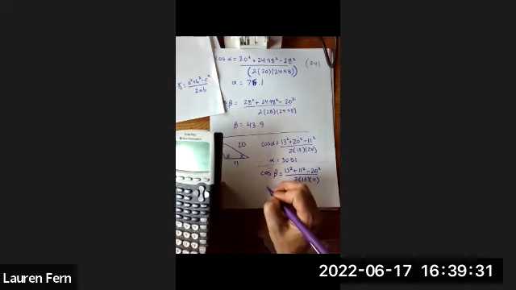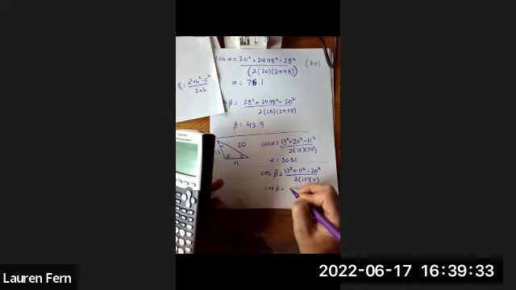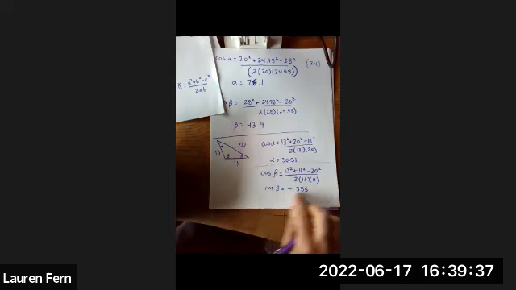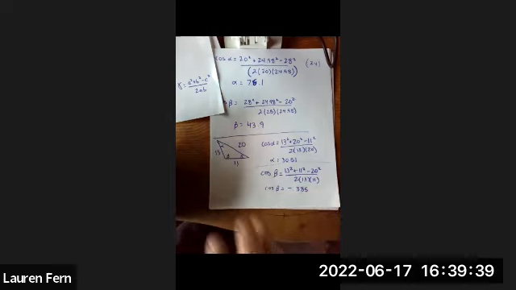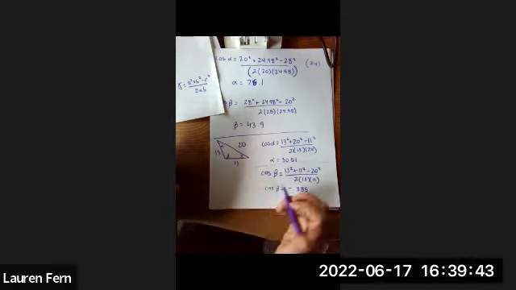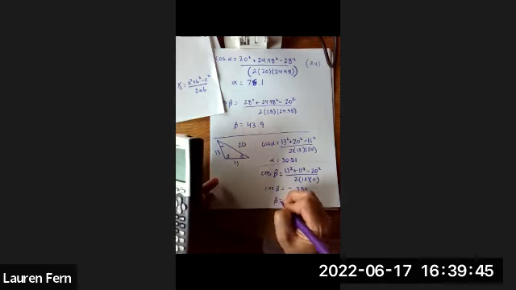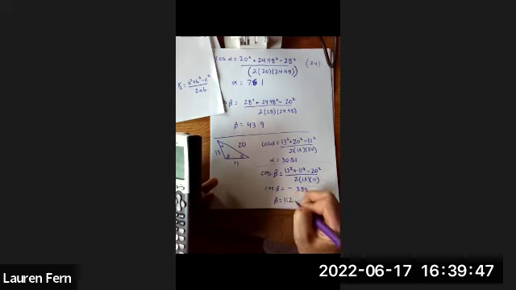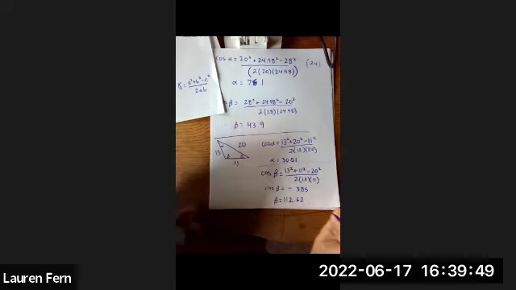Now, the other reason why I want to do this is notice we get a 2nd quadrant angle. So I'm going to hit inverse cosine of that. So here I'm going to get beta to be about 112.62.